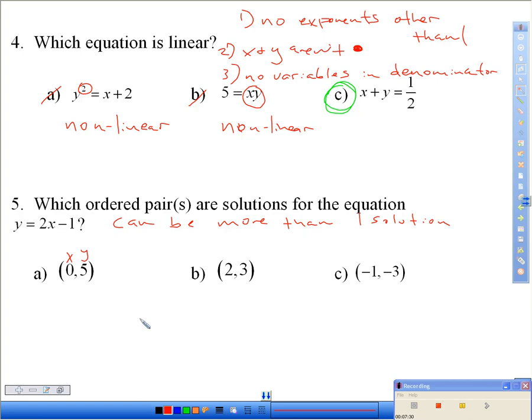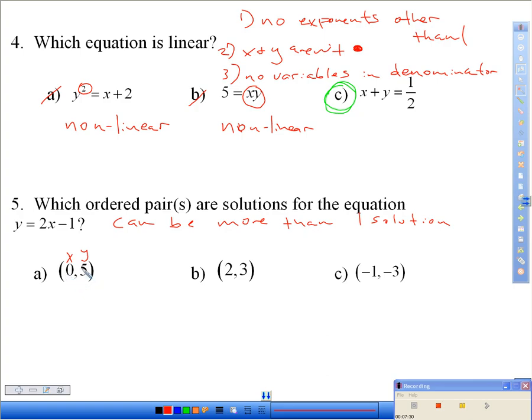We said earlier that there is an infinite number of solutions. What I'm saying is, out of these choices, A, B, and C, all 3 of them could be solutions, or none of them could be solutions, or 1 of them could be solutions, or 2 of them could be solutions. So we need to try A, B, and C. We can't just go until we find one that works and then exclude the other 2.